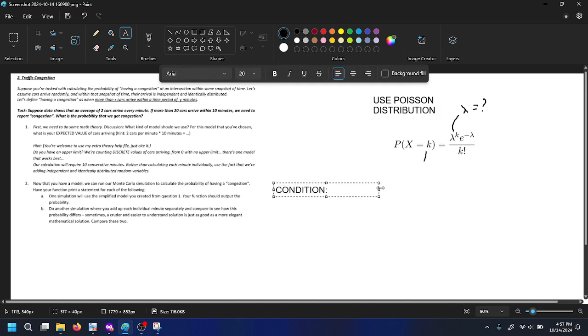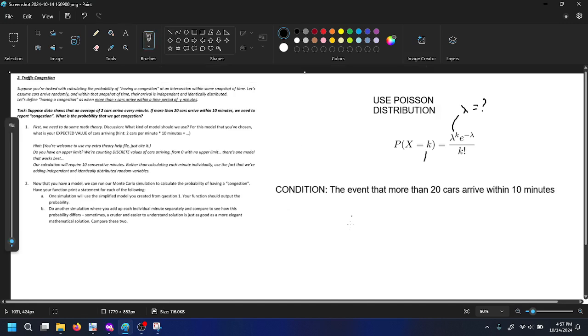Another way of thinking about it is an event: the event that more than 20 cars arrive within 10 minutes. That is what we're after. We're interested in determining the probability of this event happening. That's what we want to determine through the process of doing the simulation.